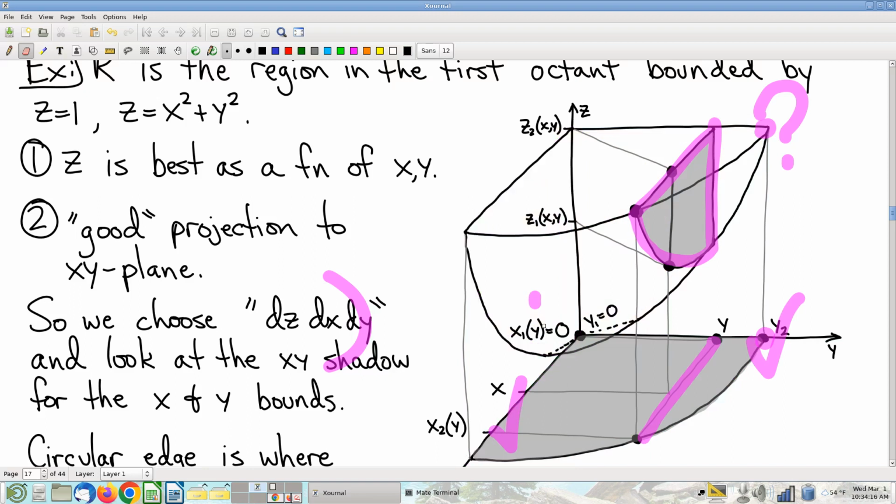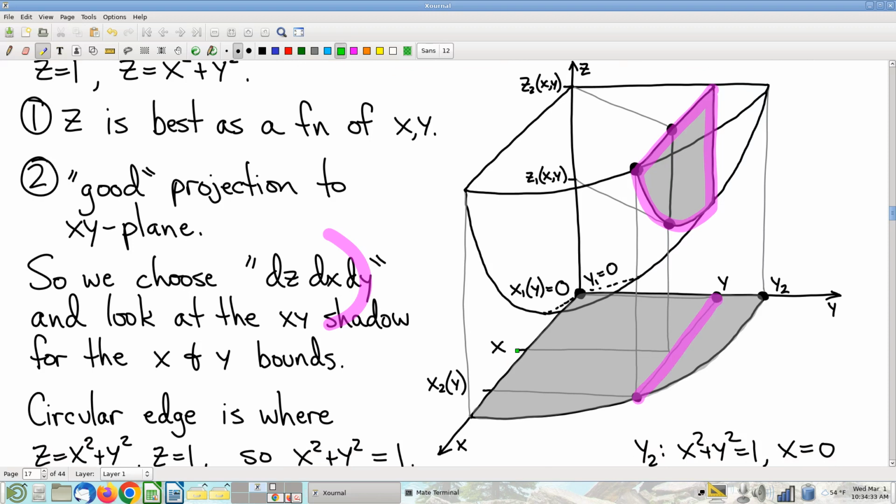All right, let's slice it up further. Looking now at a particular y slice. So again, let's focus our attention on here's the y slice of the solid. Here's the y slice of the shadow. Let's talk now about x slices of these y slices. Well, the first x slice is over here on the solid. It's over here on the projection. The last slice is here on the solid. It's here on the projection.